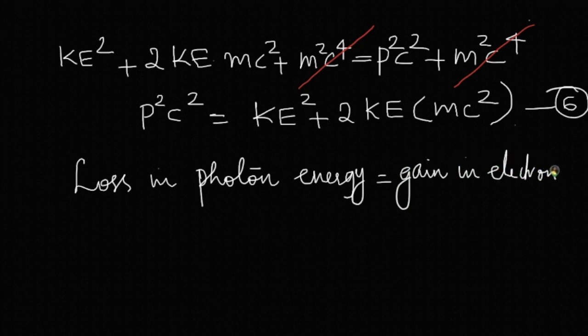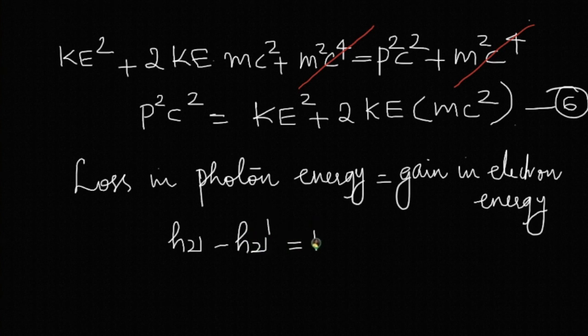So the gain in electron energy is actually its kinetic energy, because it has started moving. So for the loss in photon energy, we can write initial energy is h nu and final energy is h nu prime. That must be equal to the kinetic energy. Let this be equation number 7.